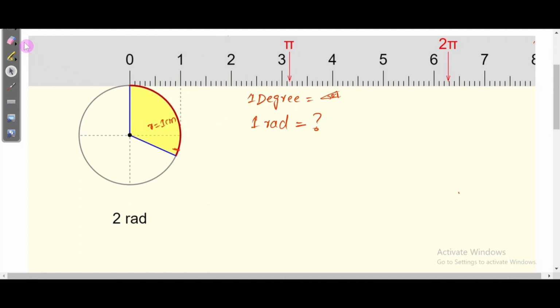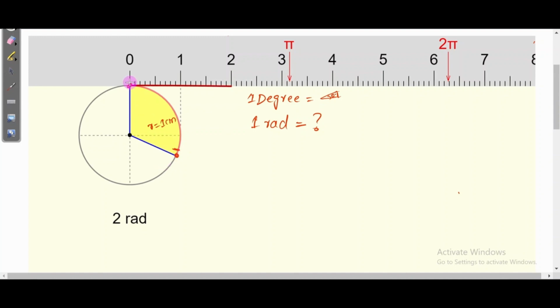For 2 radians, it means that the radius of the circle is 1 centimeter. Then we will take 2 times the radius. So here 1 time the radius is 1 centimeter and 2 times the radius is 2 centimeters. So if we take a 2 centimeter arc of the circle, this is the original position of that arc, and this is the final position.